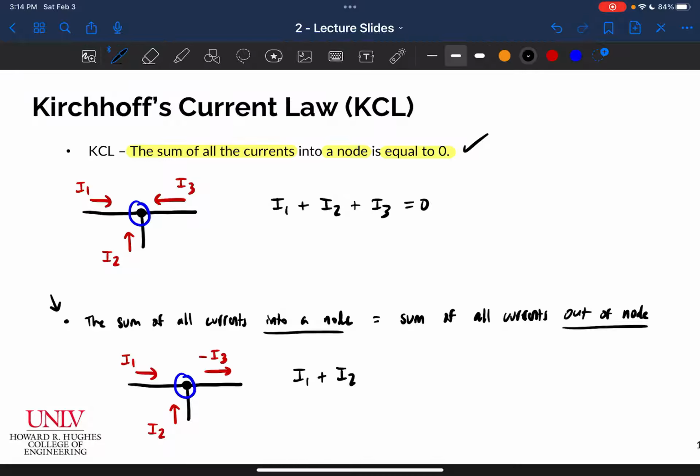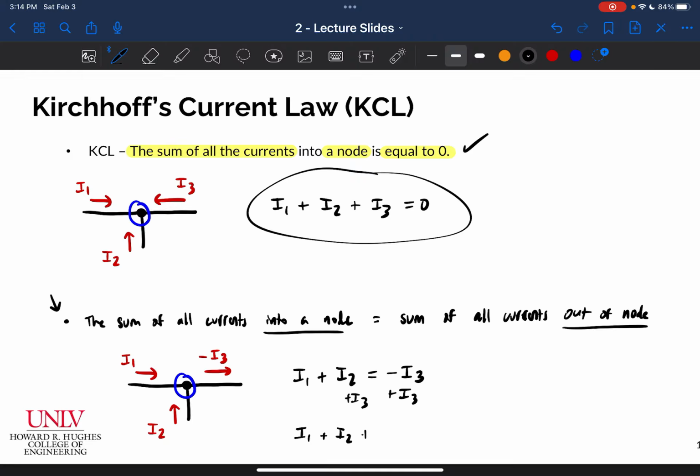And it would be equal to the sum of all the currents out of the node. Well, the only current out of the node is minus I3. So I could write that I1 plus I2 is equal to minus I3. And then, of course, if I just add I3 to both sides, I end up right back where I started with I1 plus I2 plus I3 equals 0.